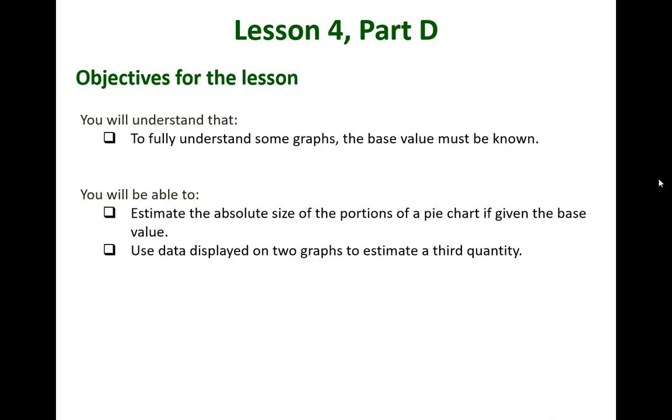We want to know that for some graphs, the base value must be known. That's particularly important with pie charts, which is what we just looked at. We want to be able to estimate the absolute size of the portions of a pie chart if given the base value, and use data displayed on two graphs to estimate a third quantity.